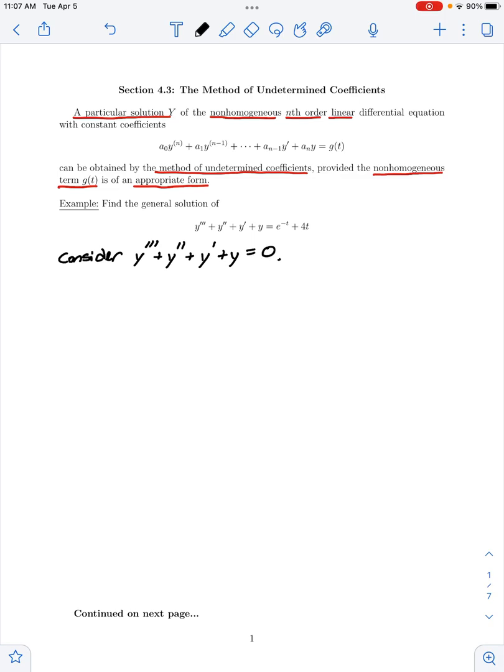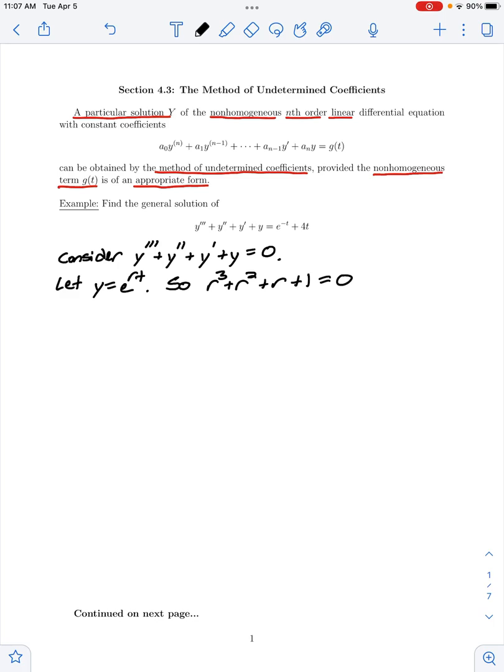And to solve this, we could look for solutions of the form y equals e to the r t power, which means that r has to satisfy the characteristic equation r cubed plus r squared plus r plus 1 is equal to 0.